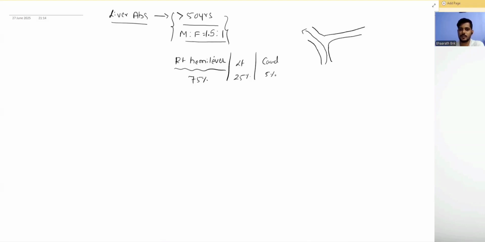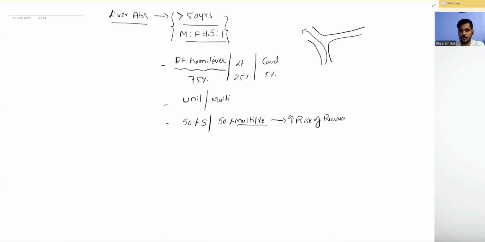About 5% of the abscesses are seen in the caudate lobe. And this could be a unilocular abscess, or a multilocular abscess. 50% of these abscesses are solitary, while 50% are multiple. If it is a multiple abscess, these abscesses have an increased risk of recurrence or residual disease.